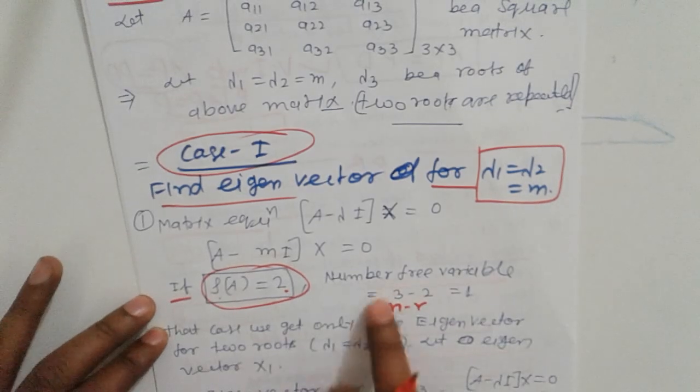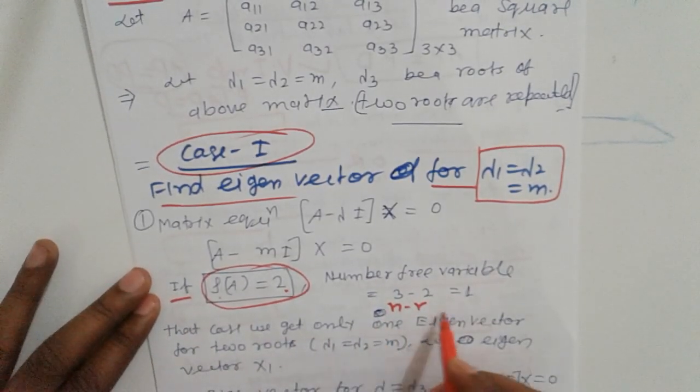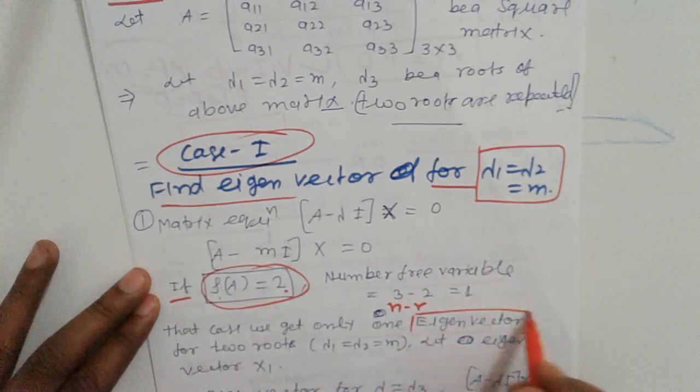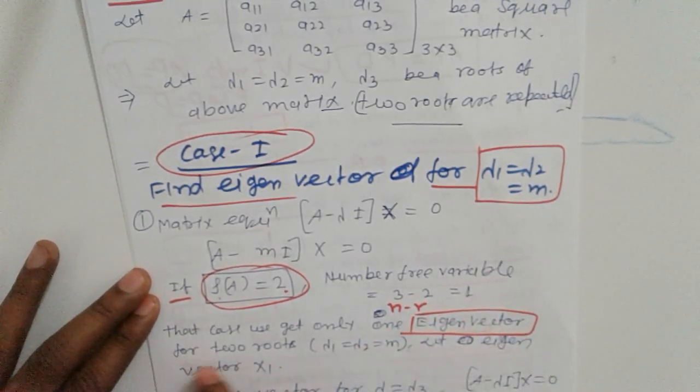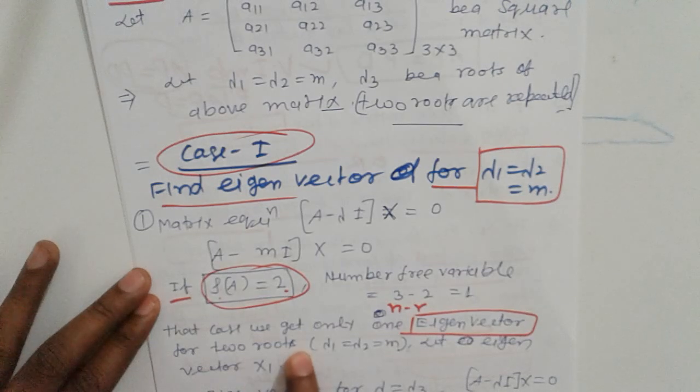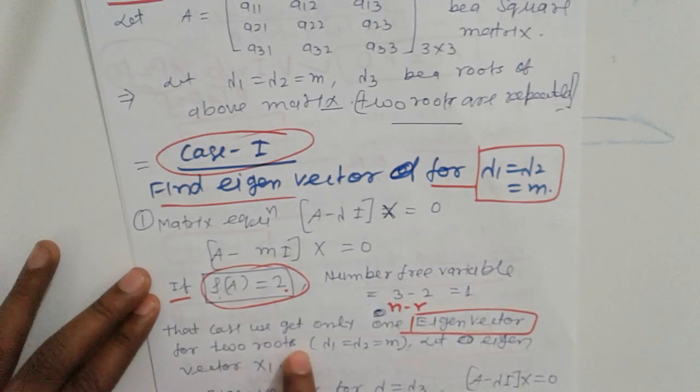So here 3 minus 2 is 1. So that case we get only one free variable. It means we get one eigenvector here. So one eigenvector for two roots, lambda 1, lambda 2 equal to m.